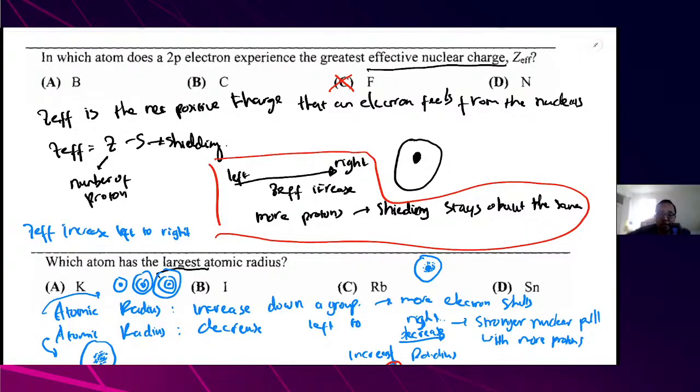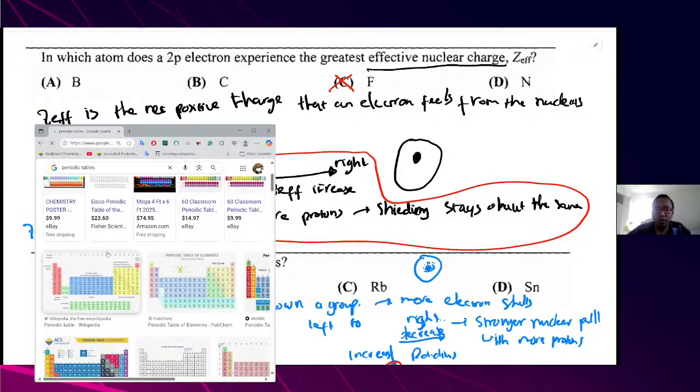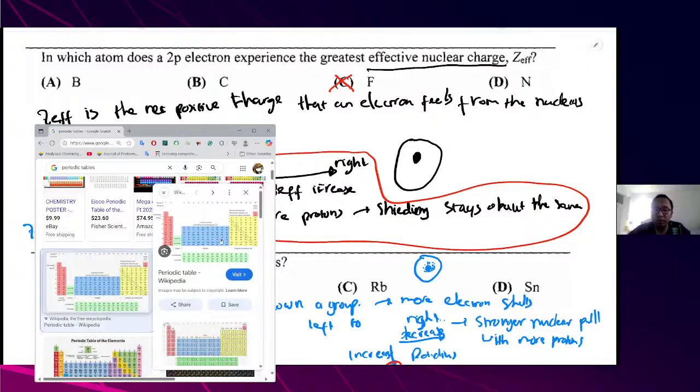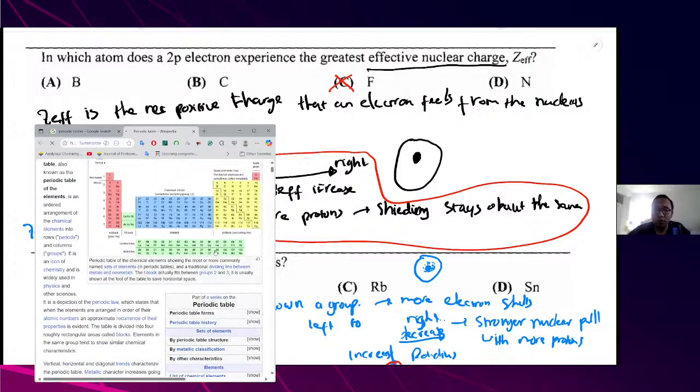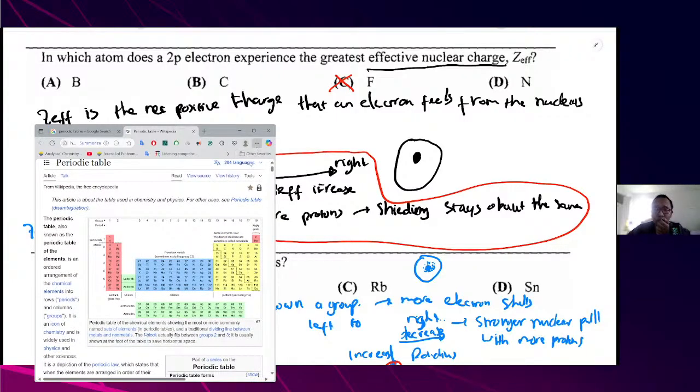So when we take a look at the periodic table again, let me bring up the periodic table. I just want to save one good periodic table, this one on Wikipedia.